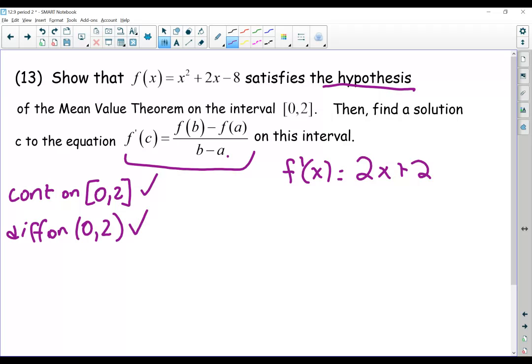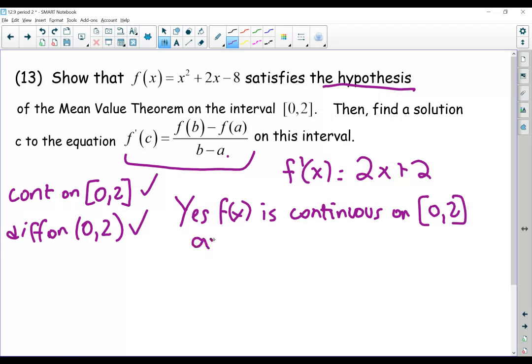There's no corners or cusps or vertical tangents in this. So is the hypothesis satisfied? Yes. f of x is continuous on 0 to 2 closed and differentiable on 0 to 2 open.